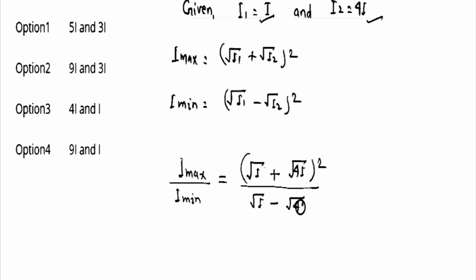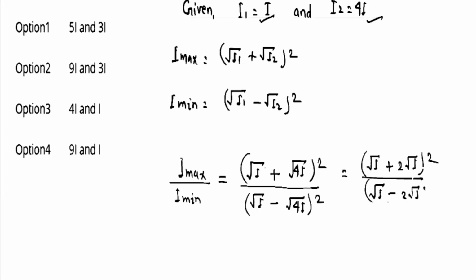We can write root under I plus, and this 4 comes out of the root, so it becomes 2 root I, whole square, divided by root I minus 2 root I whole square.